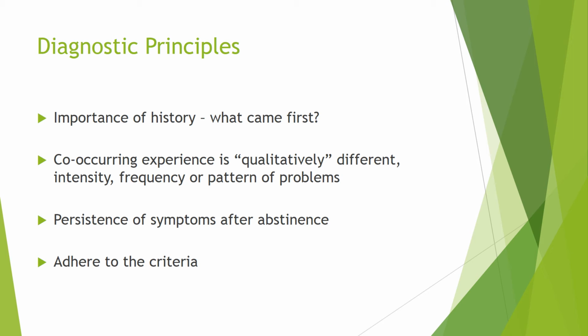And then lastly, they also talk about the fact that ultimately as professionals, what we need to do is make sure that we not only understand the criteria for both substance use disorders and mental illness, but we also need to adhere to the criteria. I may have a bias, I may be biased against, for example, independent psychiatric illnesses, but my bias doesn't mean I need to or I should ignore the criteria.